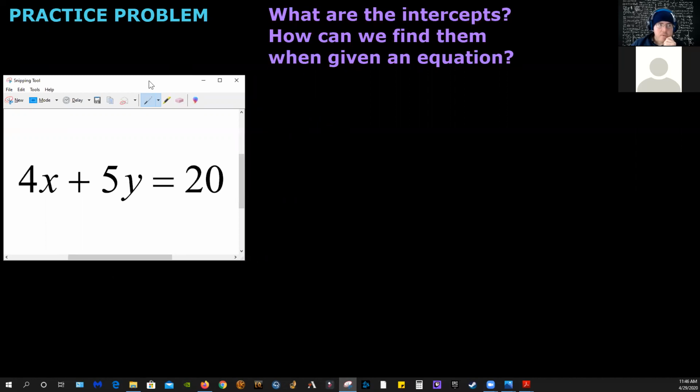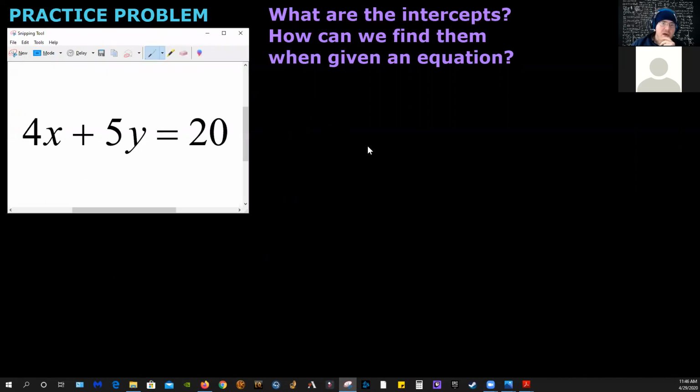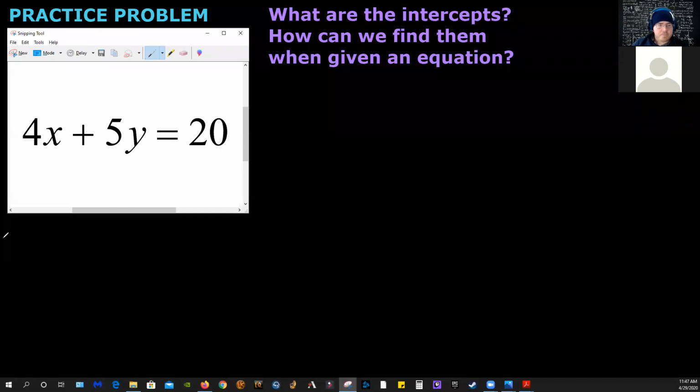If this was our problem, how in the world will we find our intercepts? Well, remember, if you're on YouTube, you can go back and check, but for those of you here live, remember I said that x-intercepts and y-intercepts always had a 0 somewhere, and that's where this really comes into play.